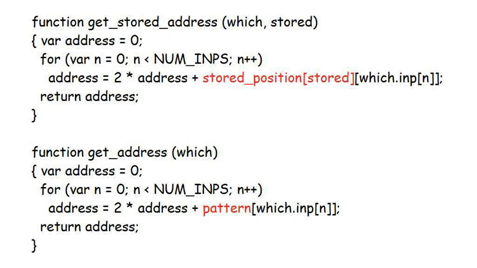Instead, it reads it from line stored of array stored position. The parameter stored tells the function which computer response it is, the first, the second, the third, or whatever. Each line of array stored position contains a snapshot of array pattern at that point in the game, and that is the thing used to select the correct values in the discriminators.